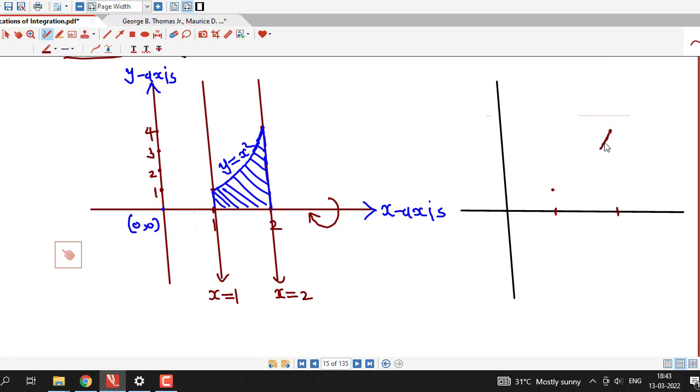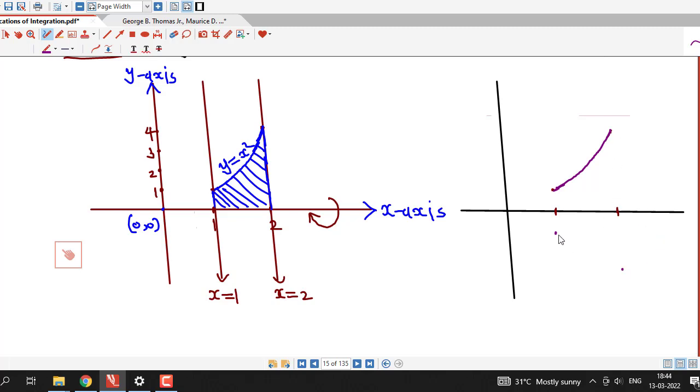This is the parabola, graph of parabola between these 2 points. Let me sketch with some other color. Here we are having this graph of parabola, and we are rotating this about the x-axis. So here we will have mirror image of this parabola.